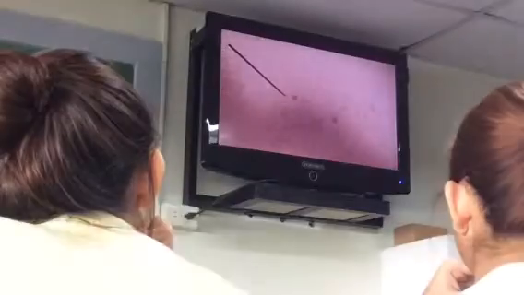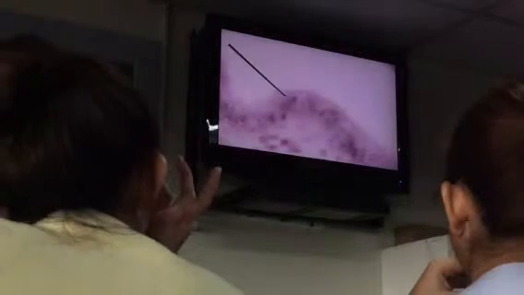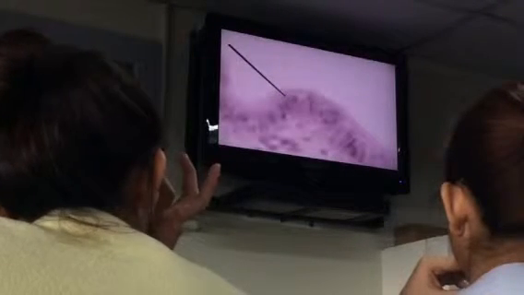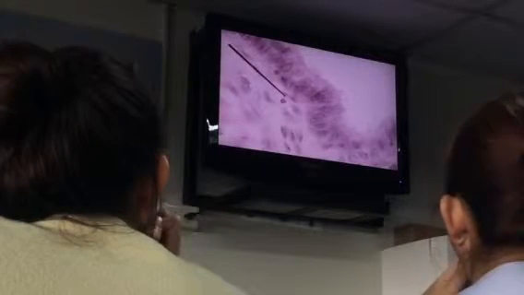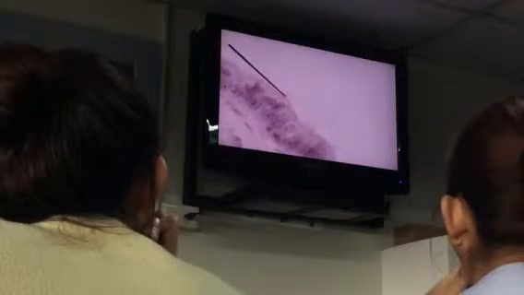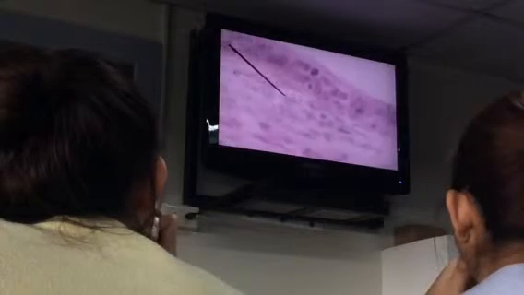The cells are your ordinary columnar, tall columnar, which is ciliated. That is why we say that lining epithelium of fallopian tube is simple columnar ciliated. So these are the cells. In between the cells are not ciliated cells.